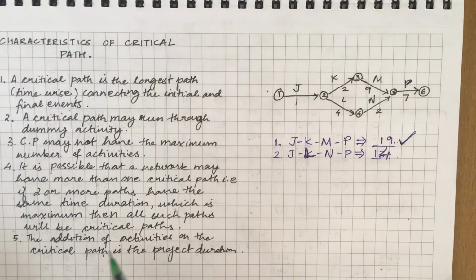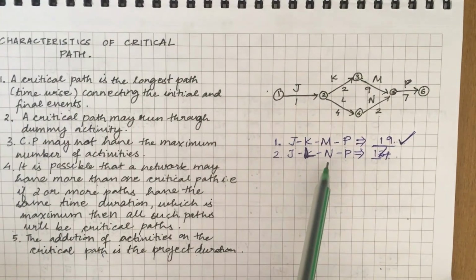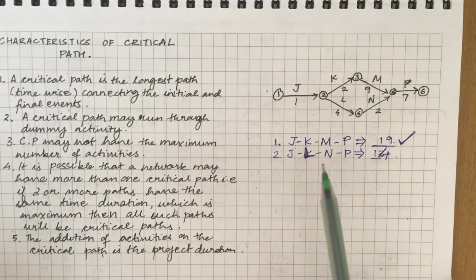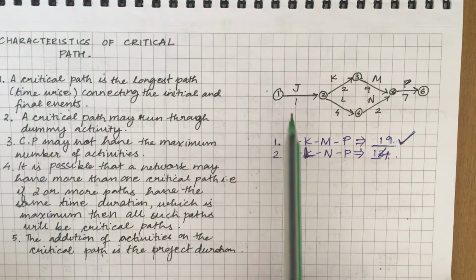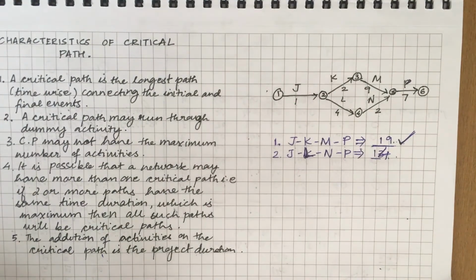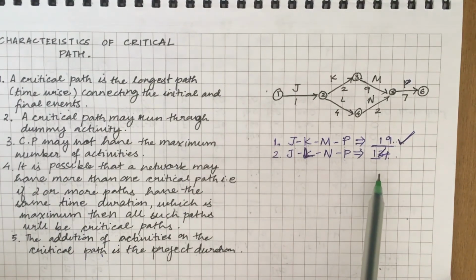Based on these characteristics, we'll see an alternative way to find out critical path. So if you observe this project network, it has two paths. First is JKMP and the second is JLNP. Now what I have done is I have added all the duration of each of the activities lying on the path.